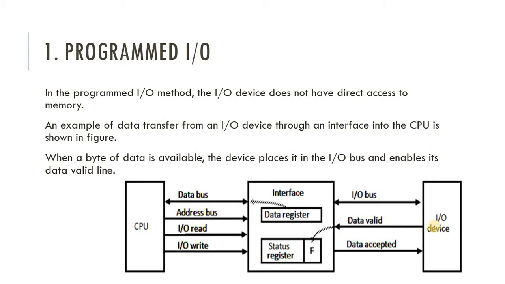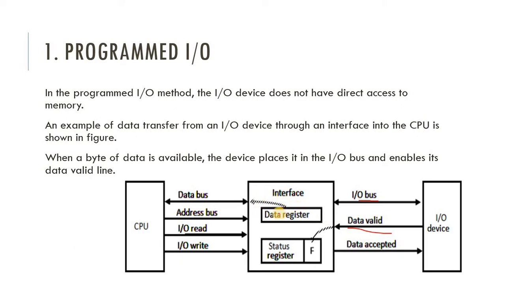Now if the IO device sends some data to the CPU, the data will be transferred onto the IO bus, and after some time the IO device sends a data valid signal. This is the first transfer, to the IO interface.